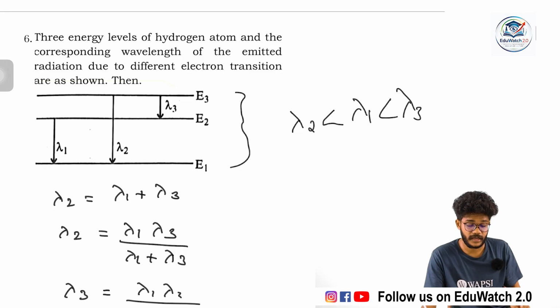From this figure, lambda 2 is the smallest, lambda 1 is in the middle, and lambda 3 is the largest wavelength.